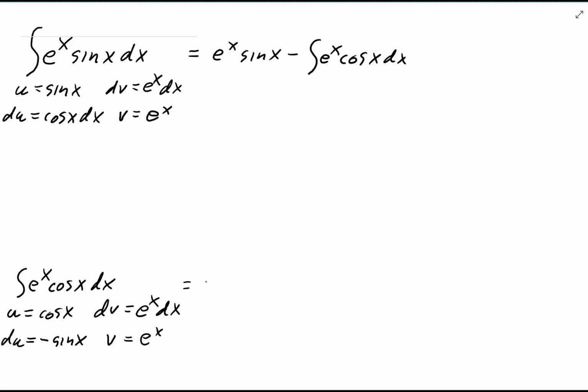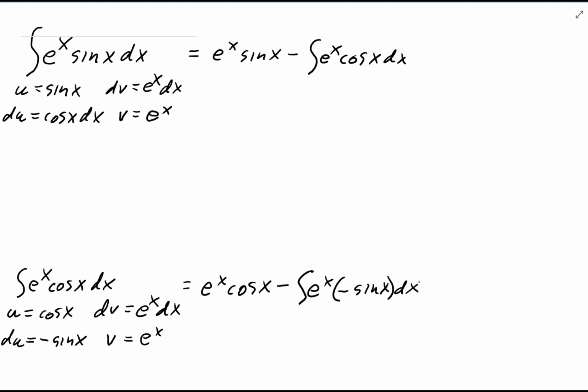Okay, so let's plug into the formula. We got u times v, which is e to the x times the cosine of x, minus the integral of v times du. So it's minus the integral of e to the x times negative sine x dx.